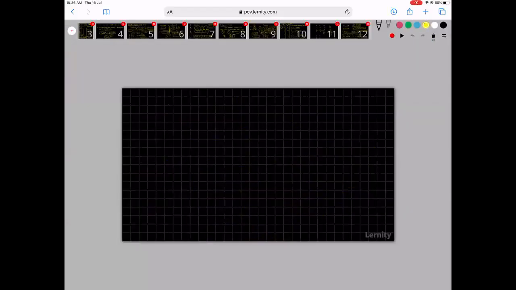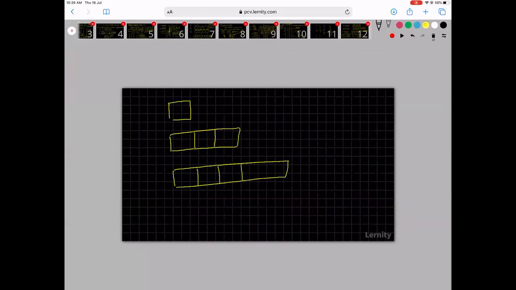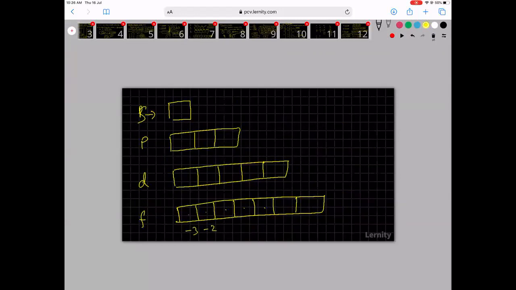First, do you understand that this is the s subshell, this is the p subshell, this is the d subshell, and this is the f subshell? First understand this. So this is minus 3, minus 2, minus 1, 0, 1, 2, 3. Minus 2, minus 1, 0, 1, 2. Minus 1, 0, 1. Only 0.